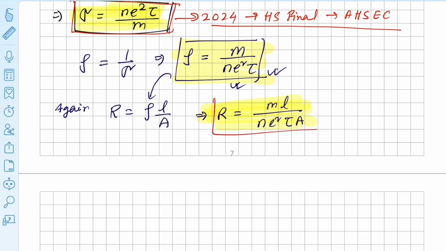This was also asked in 2024 HS final, under Assam Higher Secondary Educational Council.